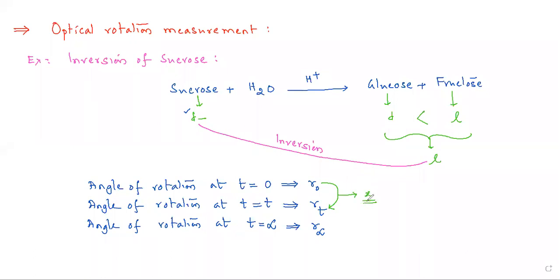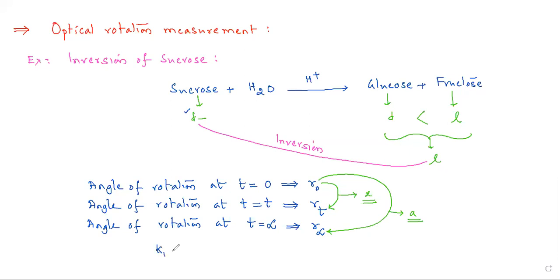This can be given as directly proportional to the concentration of sucrose that has undergone hydrolysis in a time t. And how about R0 minus R infinite? Because R0 is the starting point, this actually gives us what amount of sucrose has totally undergone hydrolysis. Isn't it?